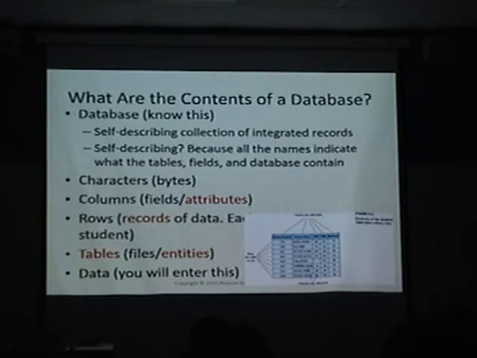That you type in. And you guys are going to be typing data for this assignment, but it's really not going to be a lot. I'm not going to force you to create tons and tons of data. So each one of these columns is a field in the student table, and each one of the rows is an individual student, which is a record.